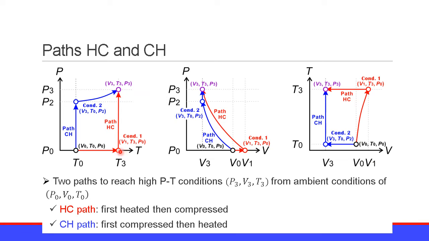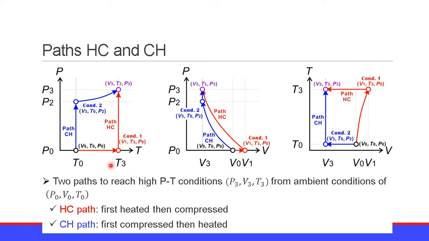So on the TP space, in the HC path, we first heat from T0 to T3 at P0, then volume increases, and then we compress and increase pressure from P0 to P3 here at temperature T3. In this case, volume decreases from V1 to V3.